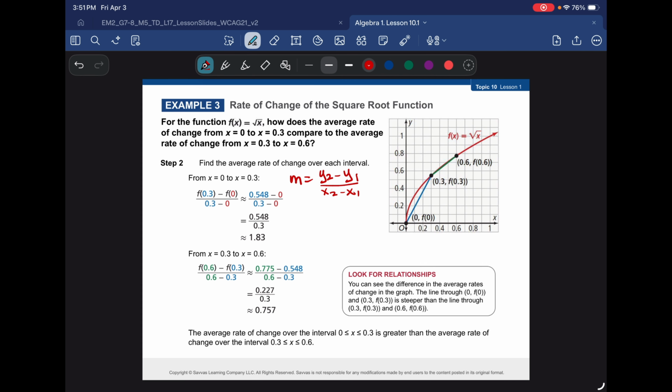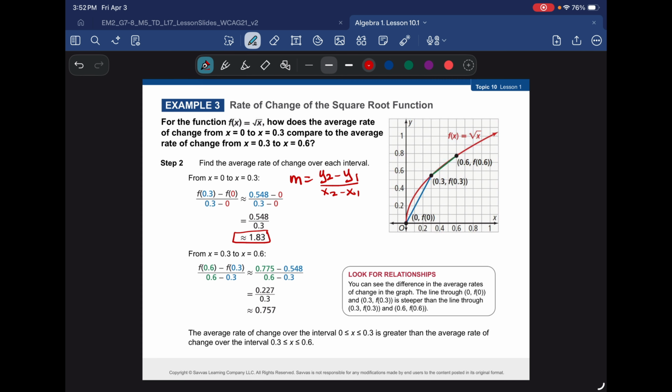So f of x for our functions, we're going to use our second point, or f of 0.3, and subtract the first point, which is f of 0. And then we're going to take the second input, which is 0.3, and subtract the first input, which is 0. And we plug in our numbers that we just got from evaluating the functions, and we do the math, and we get approximately 1.83 for the average rate of change for the first interval, for that blue line.